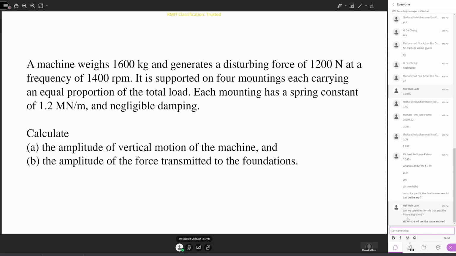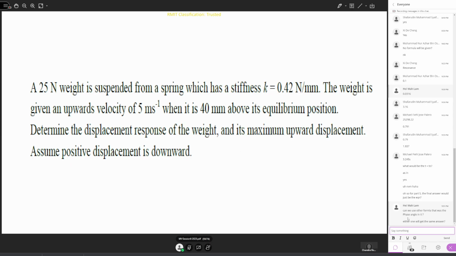Either one will get very similar answers. So now let us look at this example here.